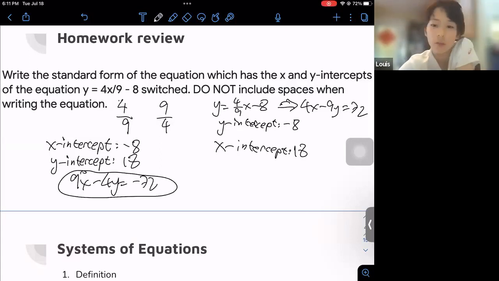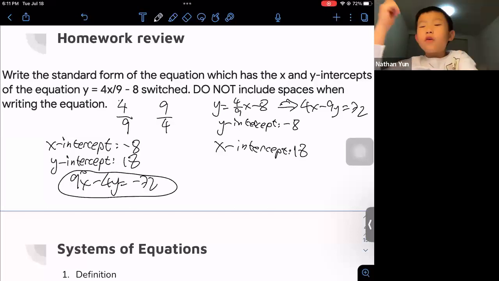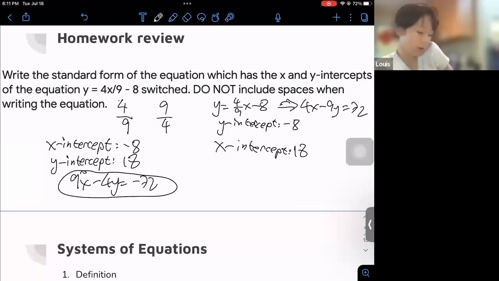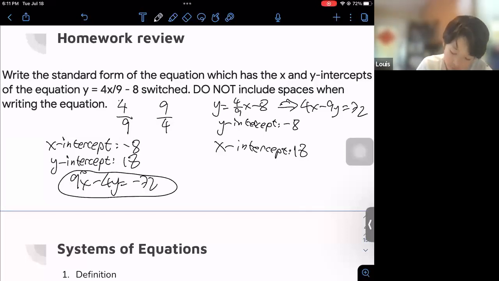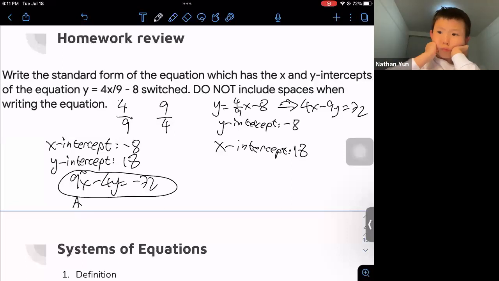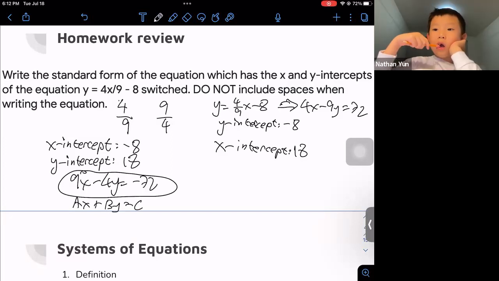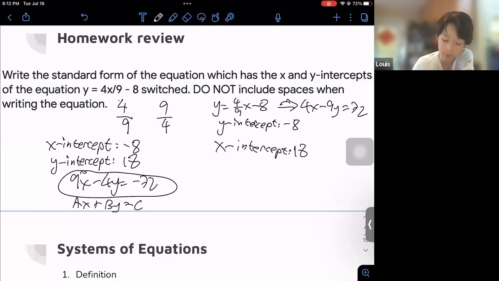Questions? Where'd you get -72? Oh, look right here. This is the ax plus by equals c. So we still don't know this one right here yet, but we want to calculate it.